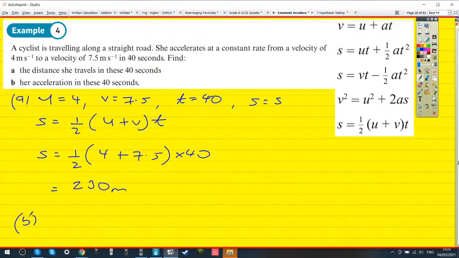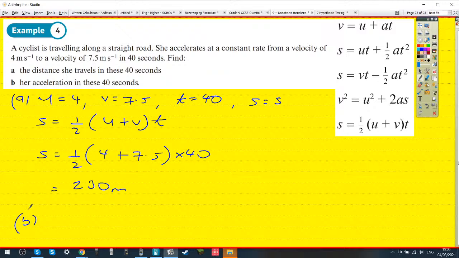Acceleration. Okay. So for acceleration, would you need to rearrange the equation? No. Well, okay, yeah.